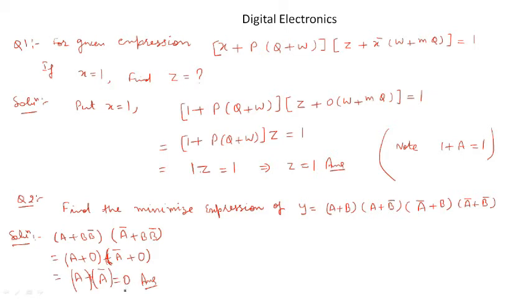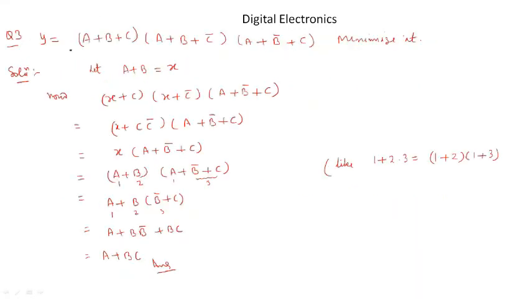The next problem is that y is equal to a plus b plus c in bracket, a plus b plus c bar in bracket, a plus b bar plus c in bracket. We have to minimize it.